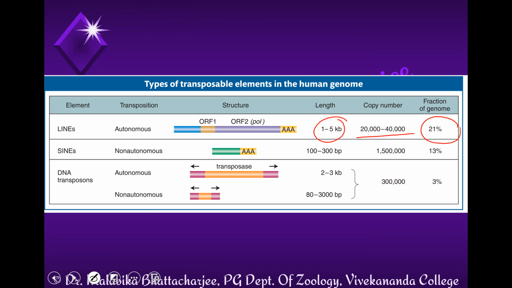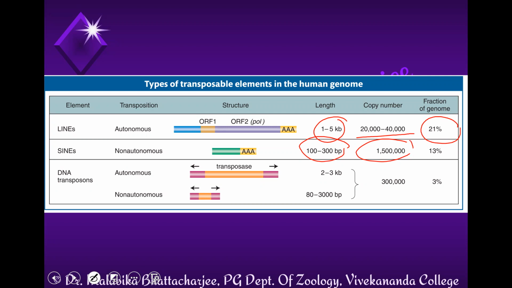The second category, which we also studied just now, is a non-autonomous element. They cannot produce their own transposase. Their length is around 100 to 300 base pairs, copy number 15 lakhs, fraction of the genome 13%.